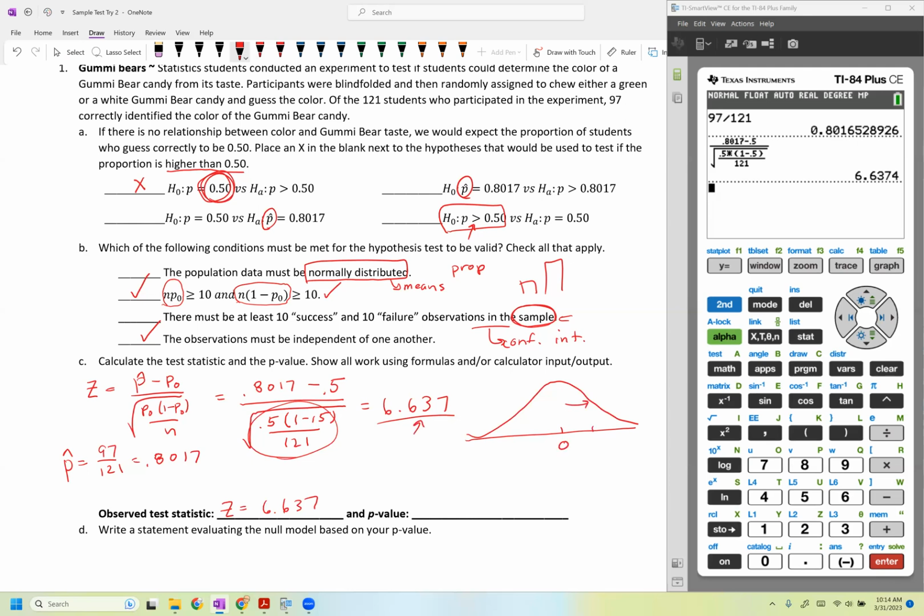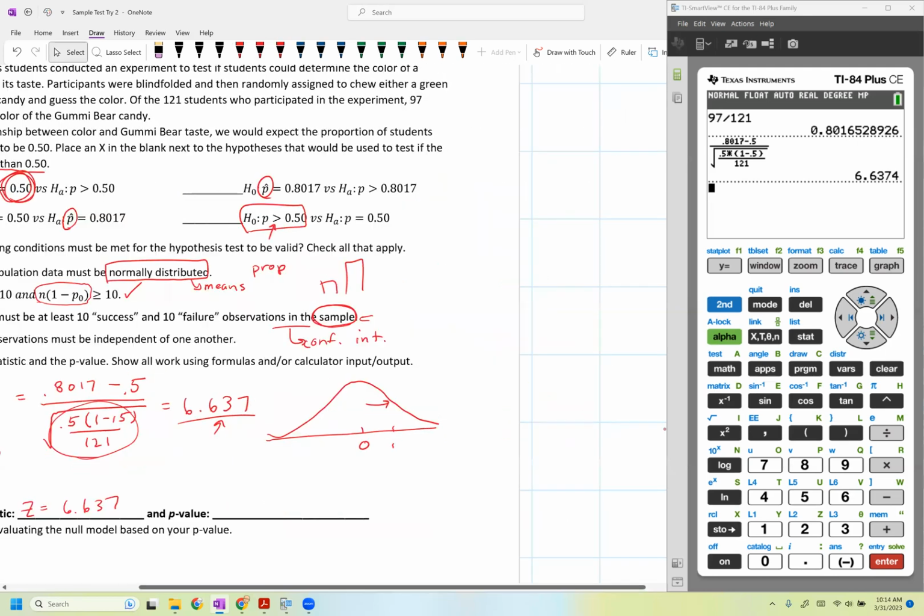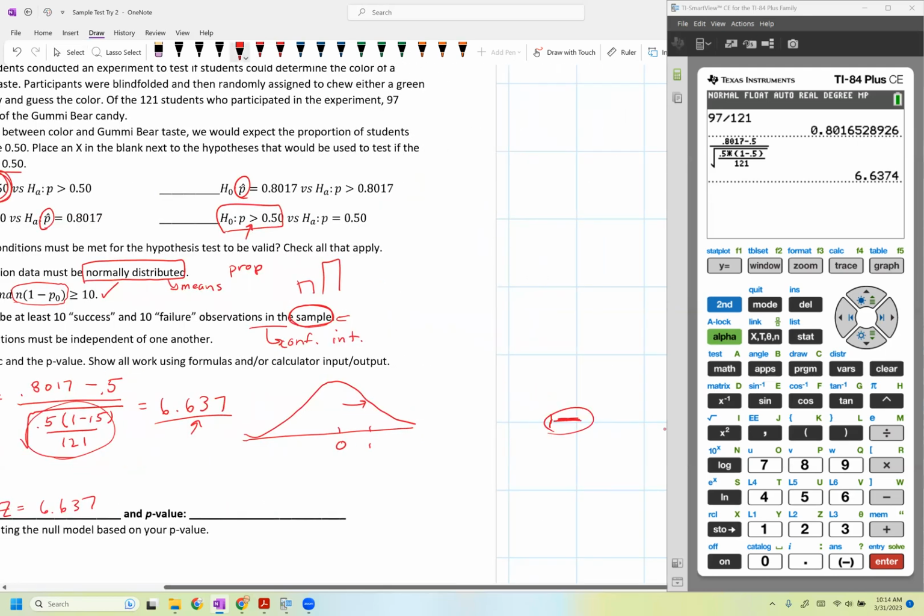So this is -1, 0, and 1, and we are way over here at 6. There's very little distribution out here at 6.6 and above.